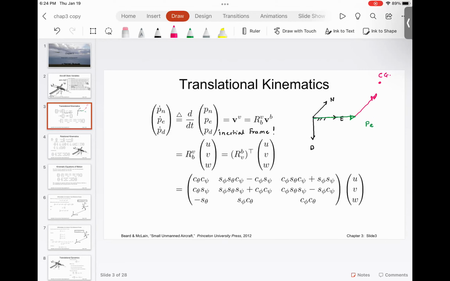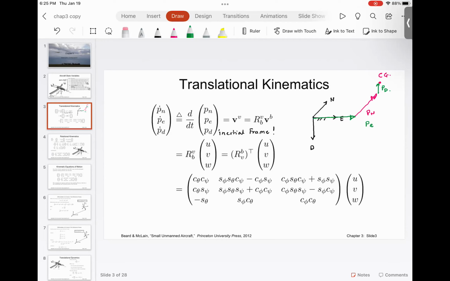And say I have this PD. So these three vectors are with respect to the fixed frame. Everyone understood this? So if I were to take the derivative of these displacements, I would get velocities.